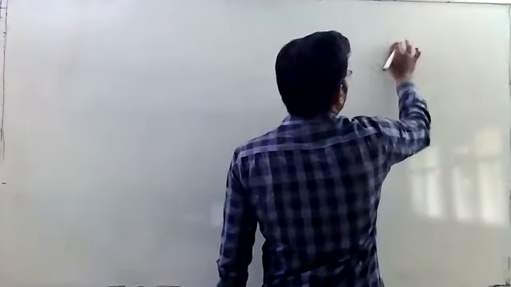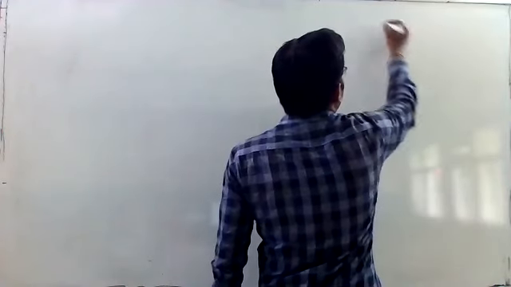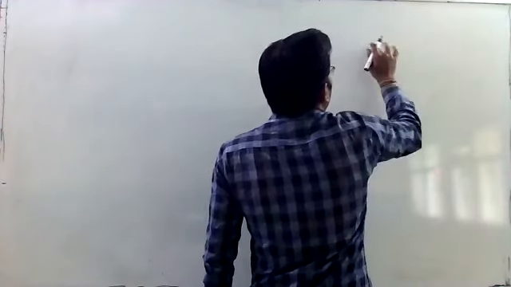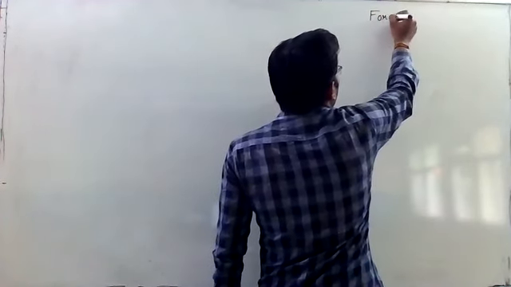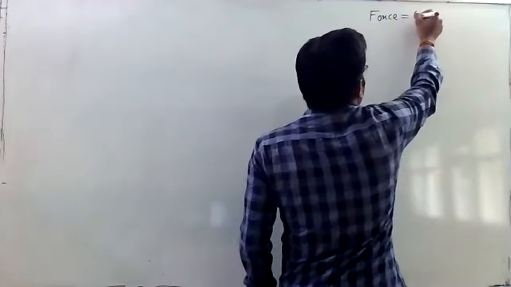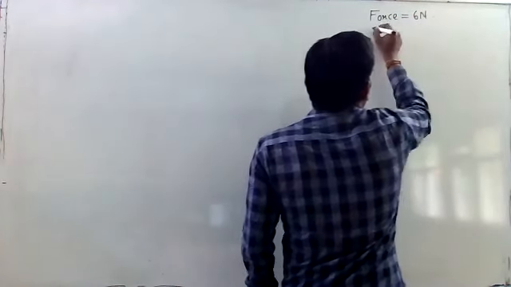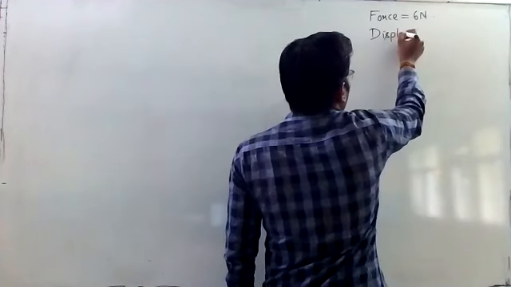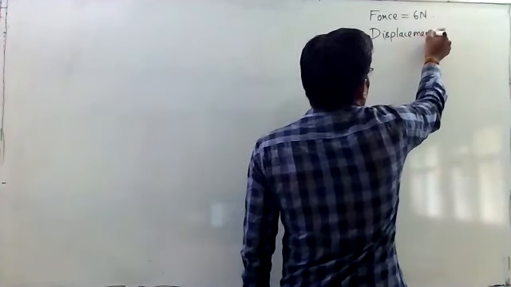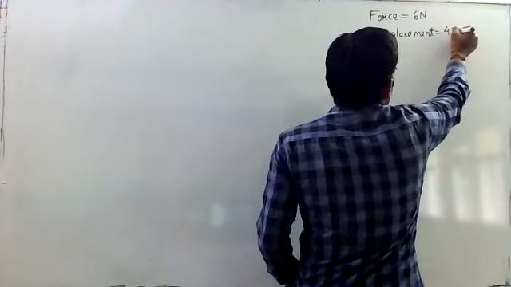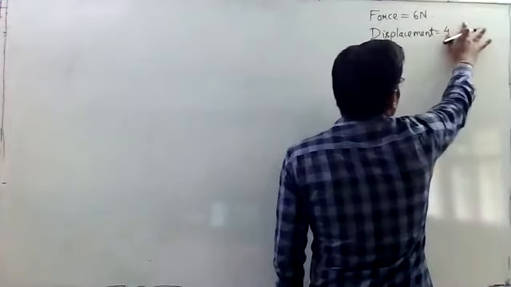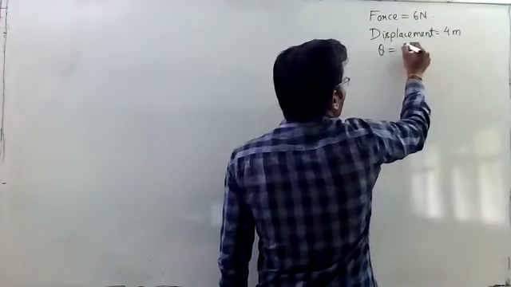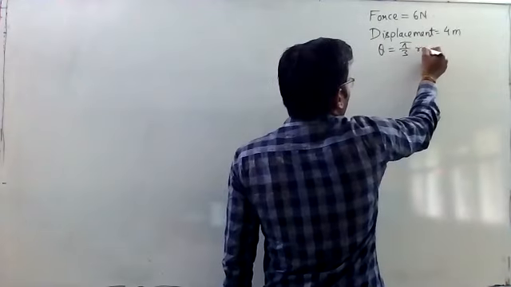Okay, so let's see a few more examples based on dot product. Suppose force is equal to 6 Newton and displacement is equal to 4 meter. It's not Newton, 4 meter. And the angle between them is pi by 3 radians.